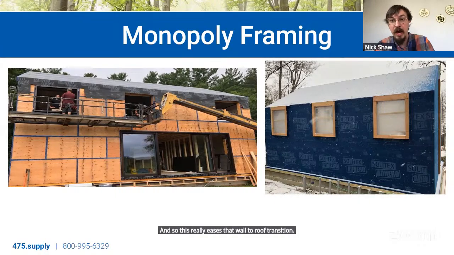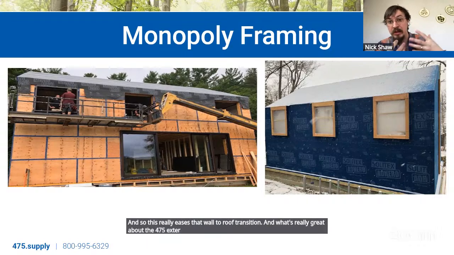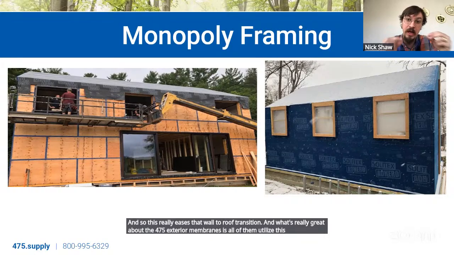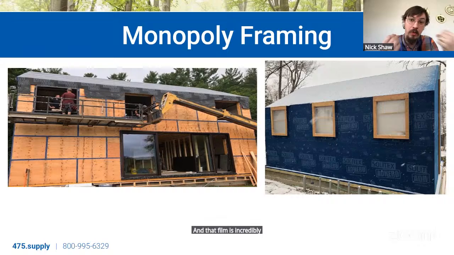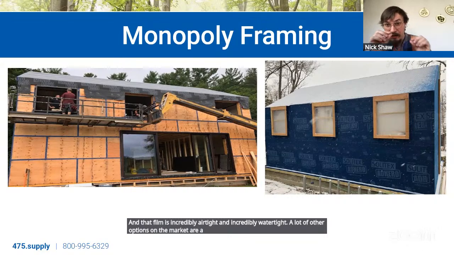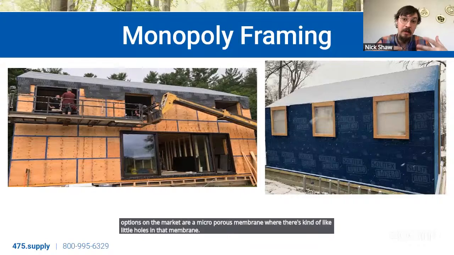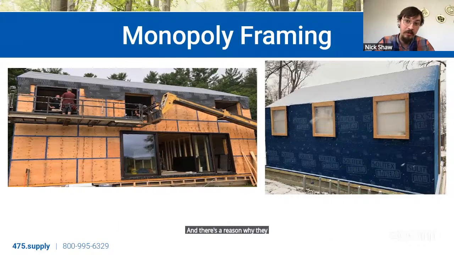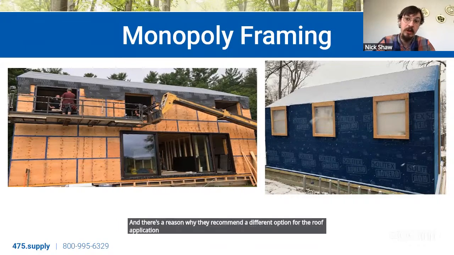And what's really great about the 475 exterior membranes is all of them utilize this monolithic film within it. And that film is incredibly airtight and incredibly watertight. A lot of other options on the market are a microporous membrane where there's kind of like little holes in that membrane. And there's a reason why they recommend a different option for the roof application than the wall application.